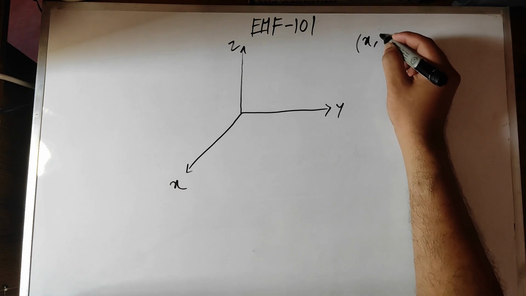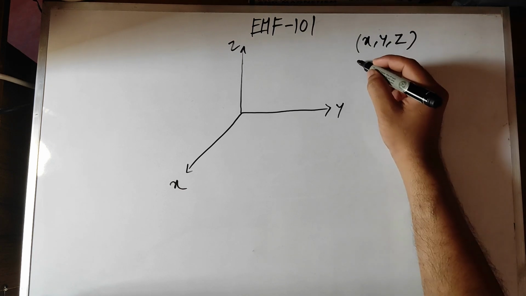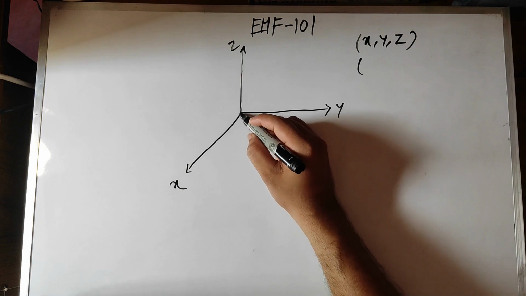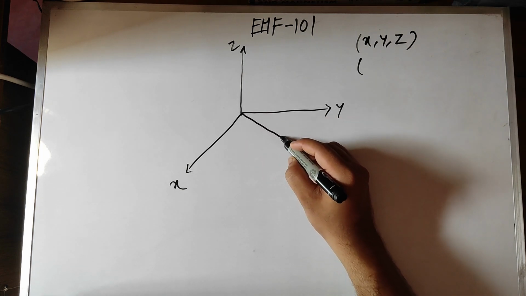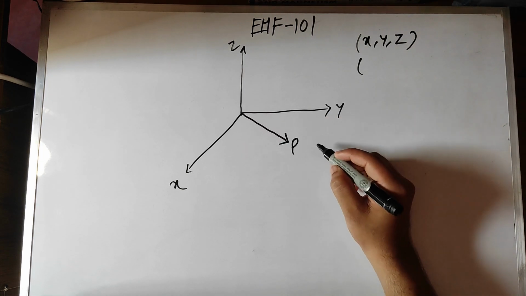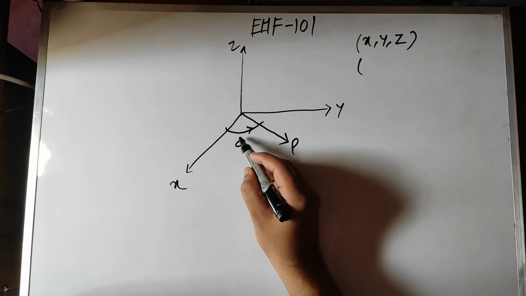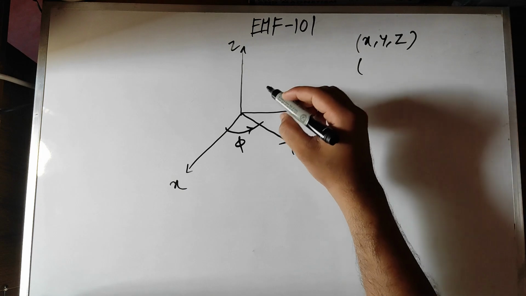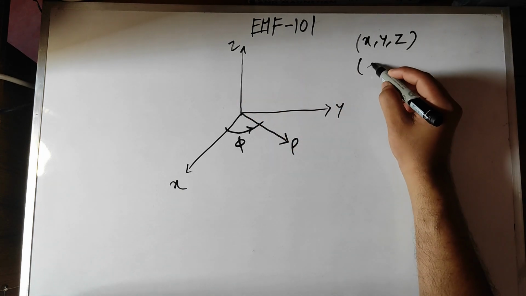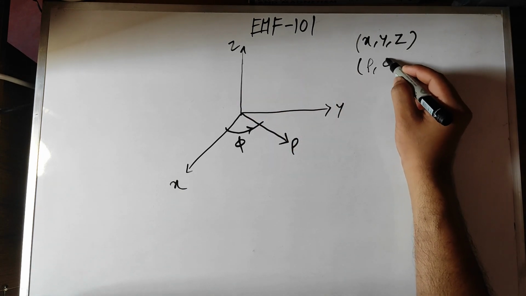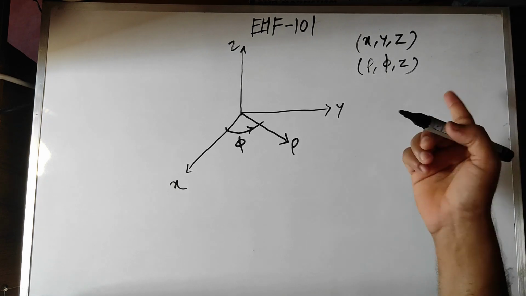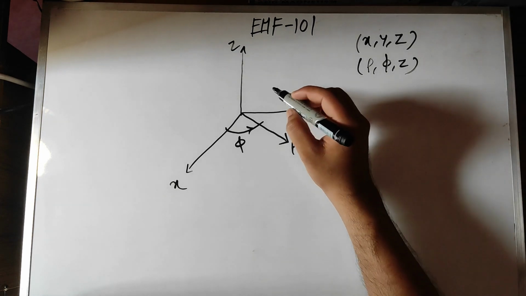Now on the xy plane, rho, then phi equals this, and z. Rho, phi, and z are cylindrical coordinate variables.